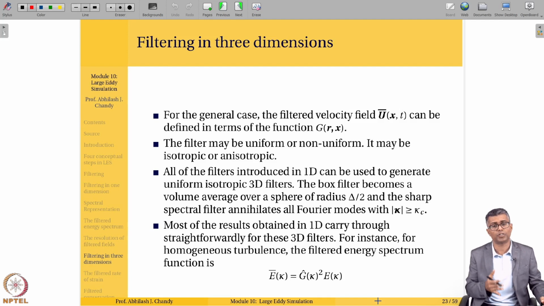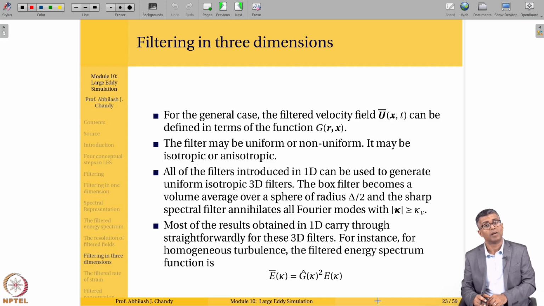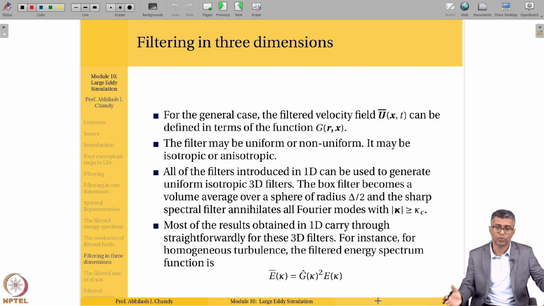And the filter function G of r and x, in general, could be a function of r and x. So it could be uniform, non-uniform, isotropic, or anisotropic. Now, all the filters that we have seen before, introduced in 1D, can be used to generate uniform isotropic 3D filters.